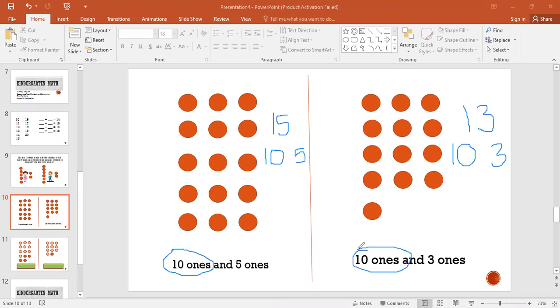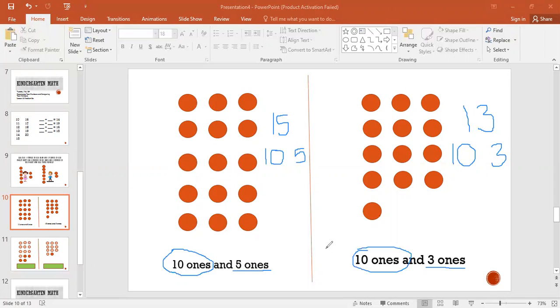Does that mean that they have the same number? No, great job, because now we want to look at the number of ones. We saw that the 10 ones were the same, but now we go to the next number, 5 and 3.